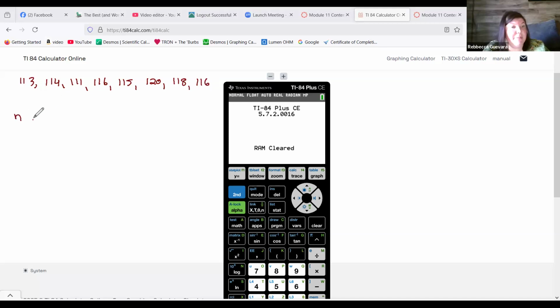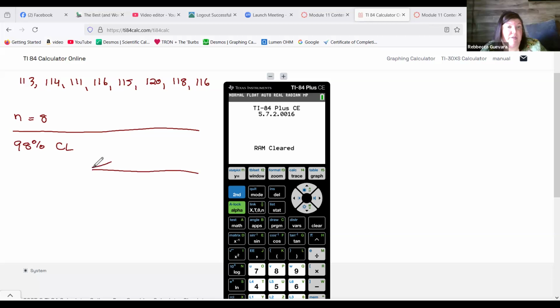So what we have here is a sample of 8 cookies. We want a 98% level of confidence, and we do not know sigma, so we need to find a t-score.